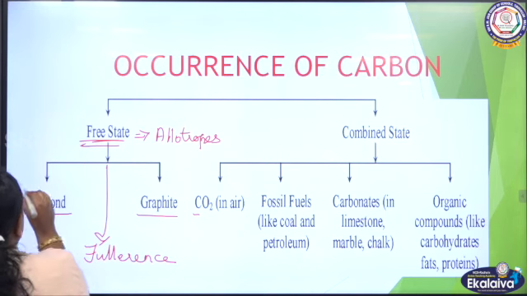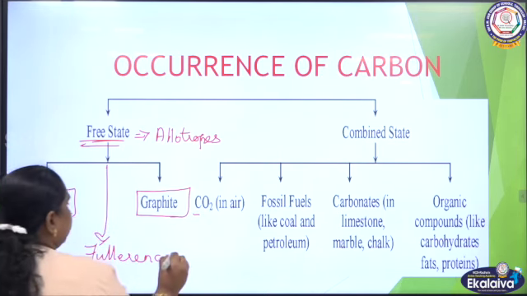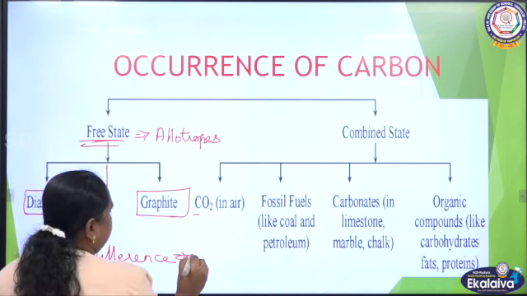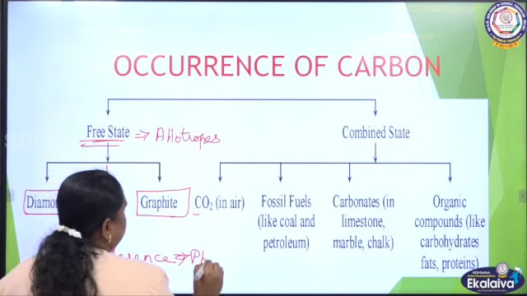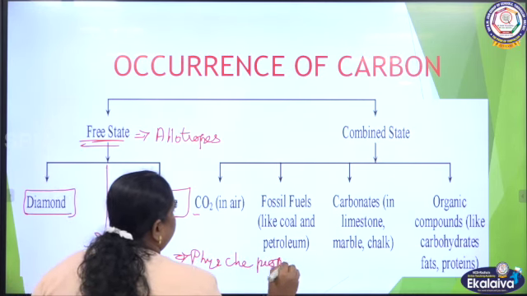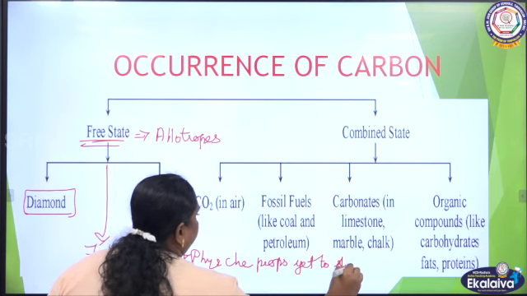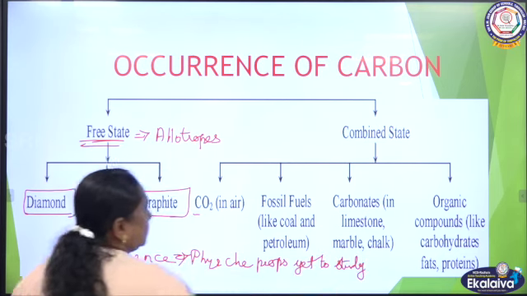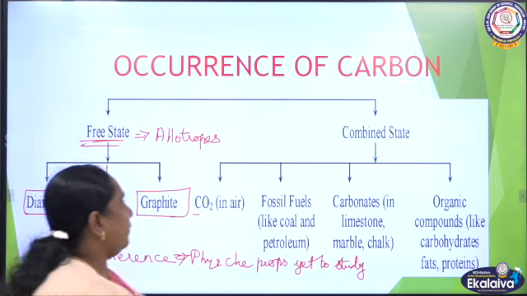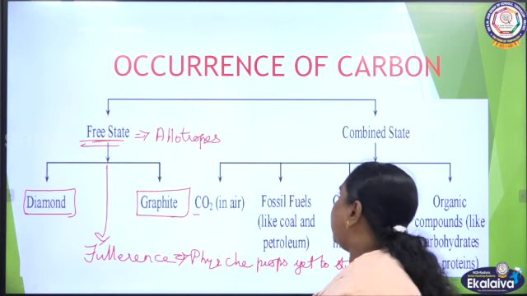But among these, diamond and graphite are well known allotropes, but for Buckminster fullerene the study is still going on. The physical and chemical properties are yet to be studied. That's why, as it is not studied properly, we are taking only diamond and graphite as the well-known allotropes of carbon, right?